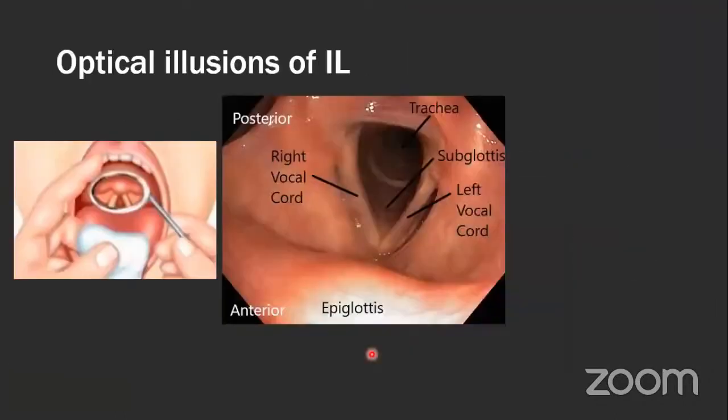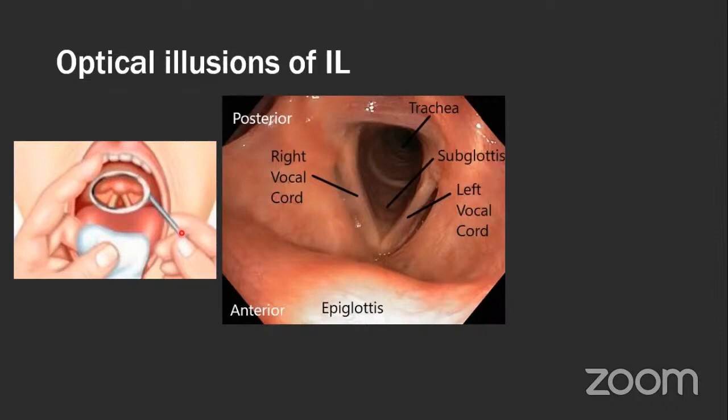Then optical illusions of indirect laryngoscopy are again commonly asked. What are the optical illusions? One is side inversion. The right vocal cord will be seen as a left vocal cord and the left side as right. This is the direct laryngoscopy picture, and this is the indirect laryngoscopy picture. So there will be side inversion, that is one.